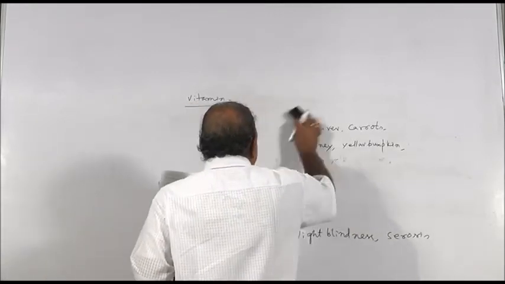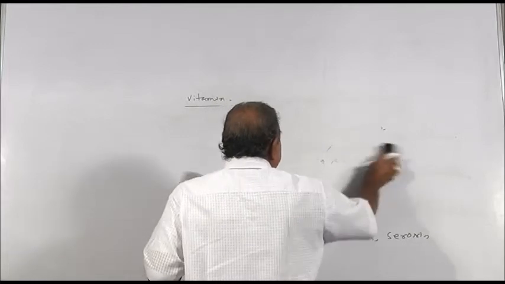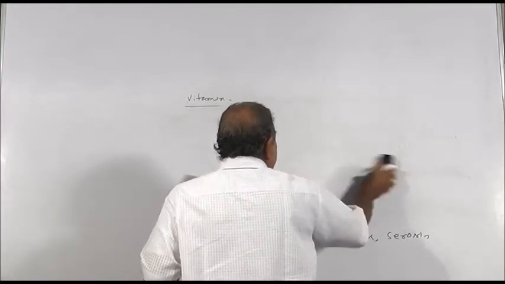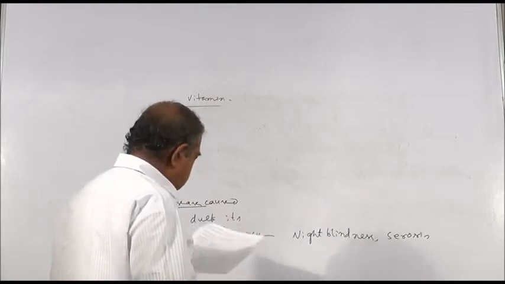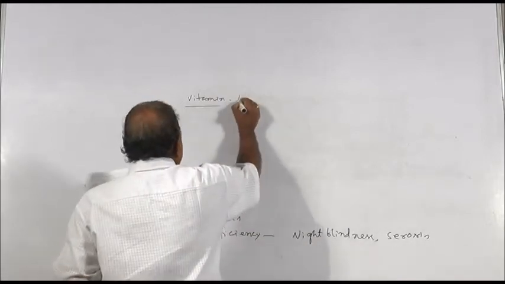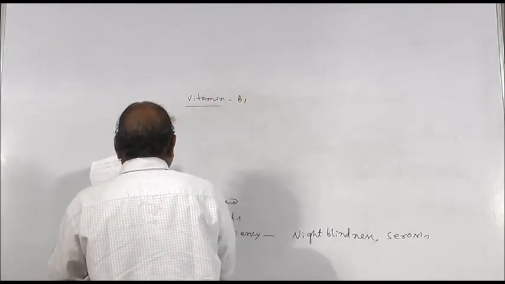Next is vitamin B. It contains 4 parts: B1, B2, B4 and B12. Let us start with vitamin B1.